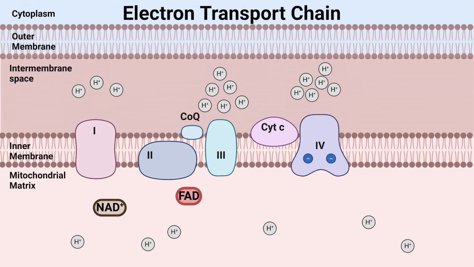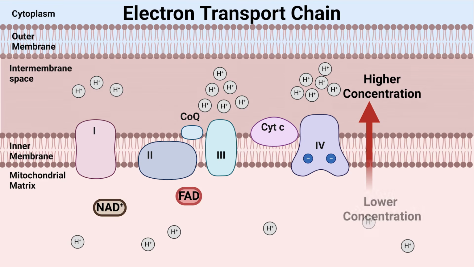The pumping of those protons as a consequence of the movement of those electrons has created a proton gradient. There is a much higher concentration of protons between those two membranes than there is in the matrix. And what that generates is what we call a proton motive force.